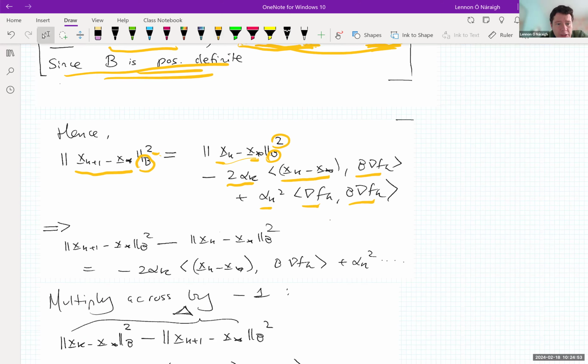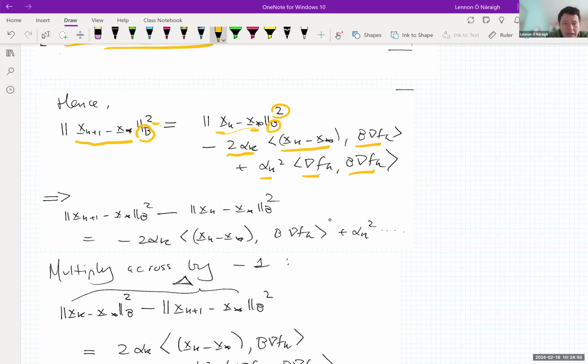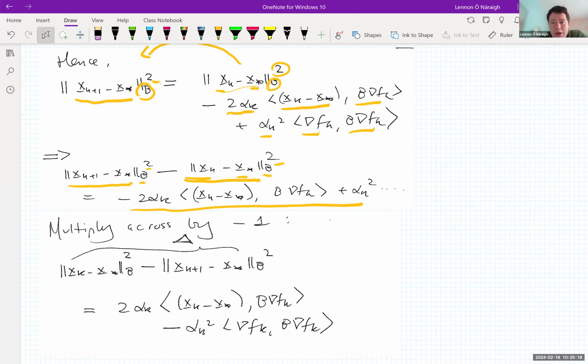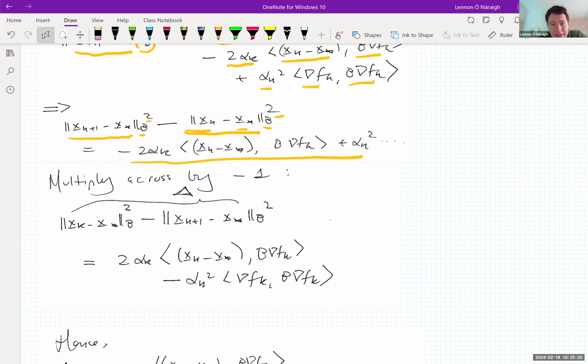Okay, and I just rearrange this slightly, so I will take the x_k - x* over to the left. And so now I have the difference in the B norms, x_{k+1} - x* in the B norm squared, minus x_k - x* in the B norm squared is equal to things on the right-hand side. And there's no obvious reason to do this, but it's just where the calculation goes.